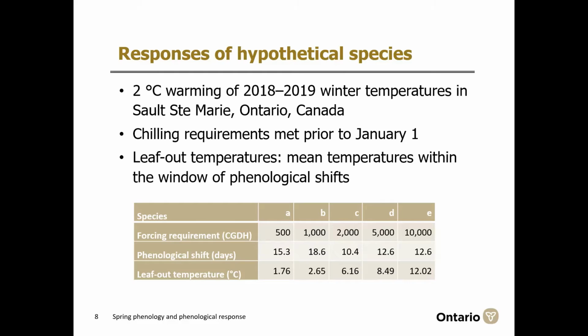Early species A and B show greater response in terms of phenological shift because of their low leaf-out temperatures. And here, the effects of photoperiod, drought, other stress, or insufficient chilling do not exist. Everything is caused by leaf-out temperatures.